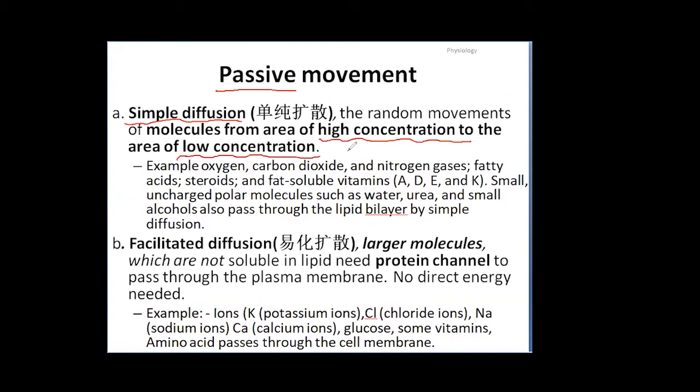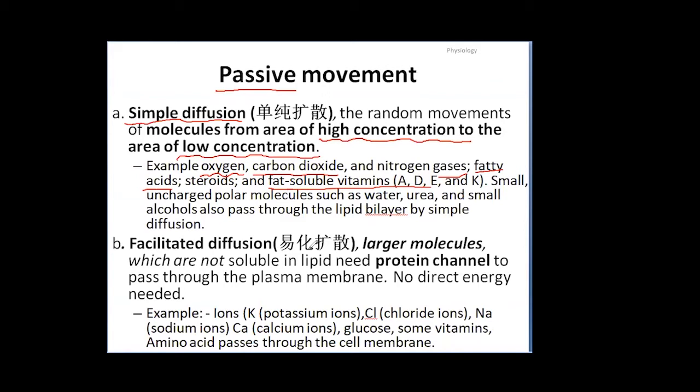For example, oxygen, carbon dioxide, some other gases, fatty acids, and some more, like fat soluble vitamins. They pass through the cell's membranes pretty easily.